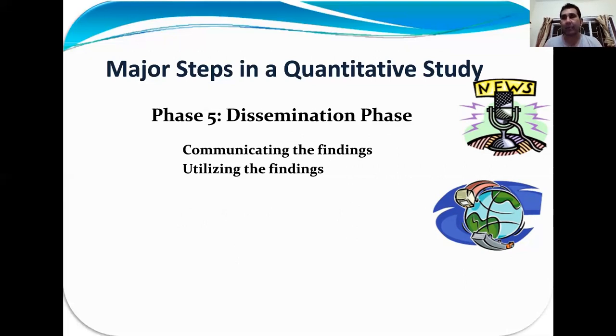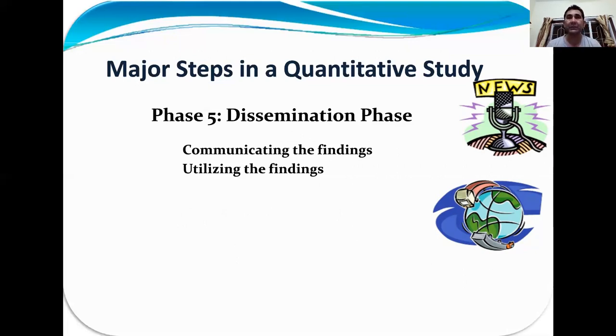It means after collecting the data, analyzing the data, and interpreting the data, then definitely you will communicate your data to the systems at the policy making level. It means how you will communicate your findings.